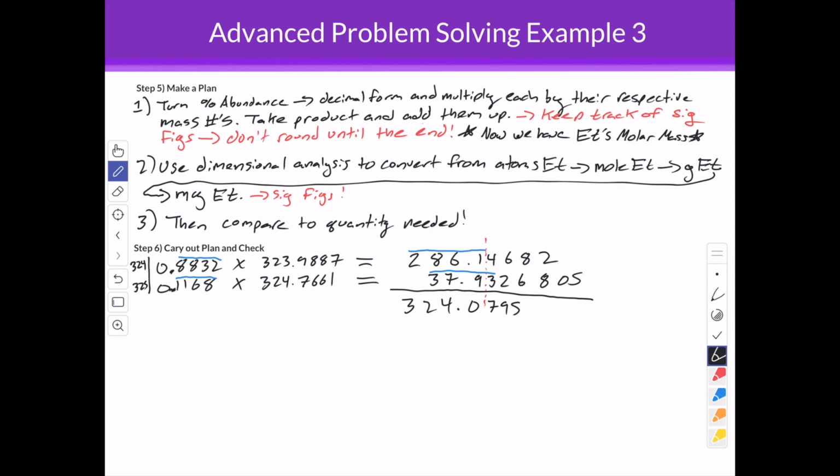All right, now we got our final answer: 324.1 grams per mole for ET.